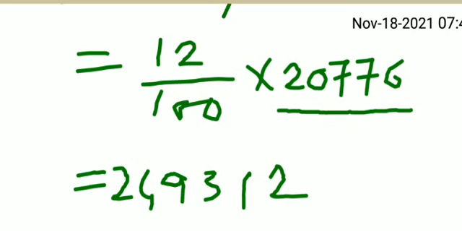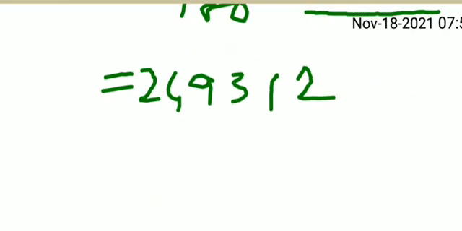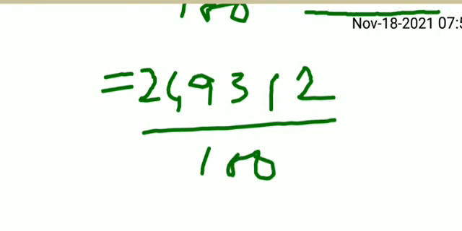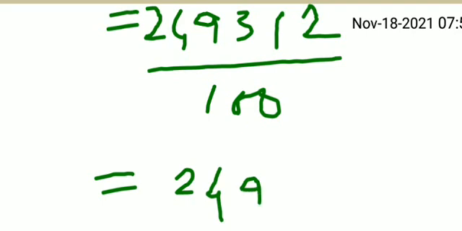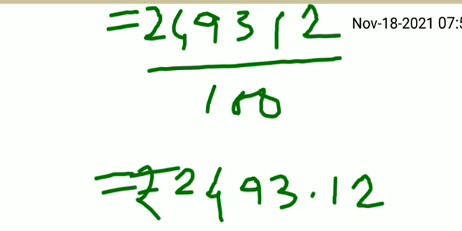So 3 carry 9, 12 0s is 0 plus 9, that is 9, and 12 2s is 24. So 249312 by 100. That means after shifting, it will be 2493.12 rupees. So this is the amount of VAT.